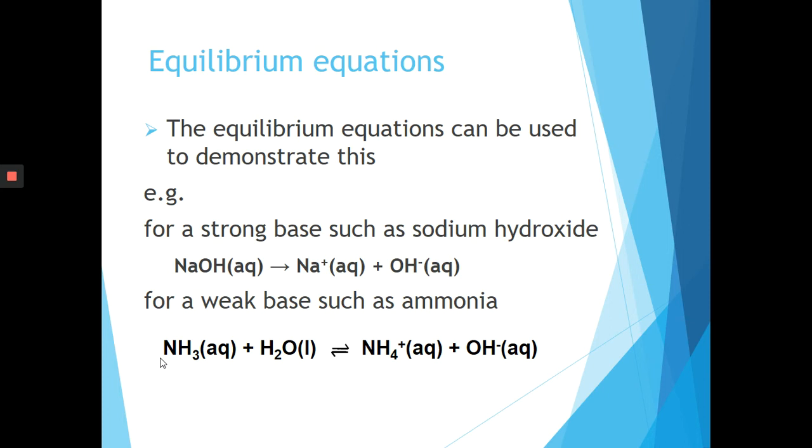If I'm going to look at conjugate acid and conjugate base, I've said my water is donating, therefore is the acid. That means that the conjugate base is the hydroxide. My ammonia is accepting, therefore is the base, so my conjugate acid is my ammonium ion. If you're not happy with that, don't remember it, go back to the start of the slides and have a look at it again, okay?